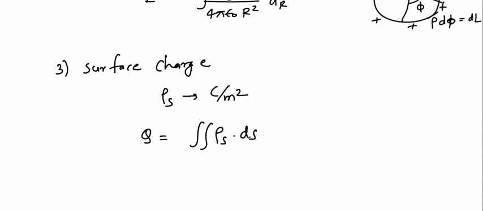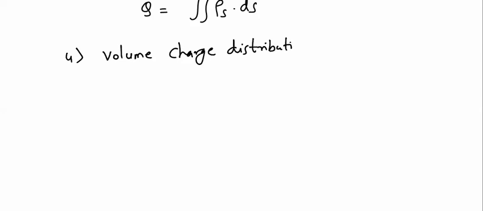And we have one more type of charge distribution, and that is called volume charge distribution. In volume charge distribution, you will represent this by rho v.